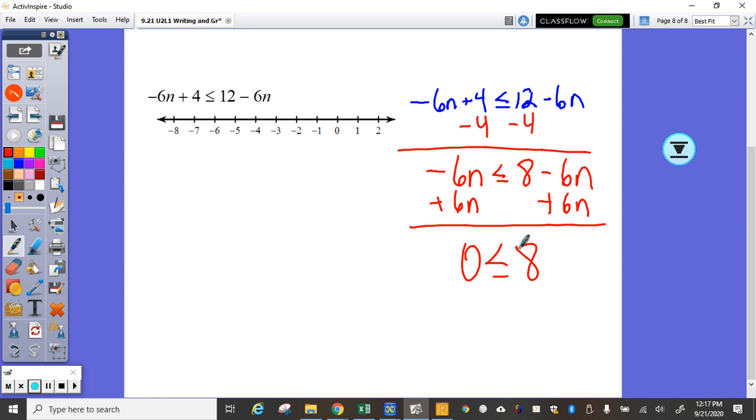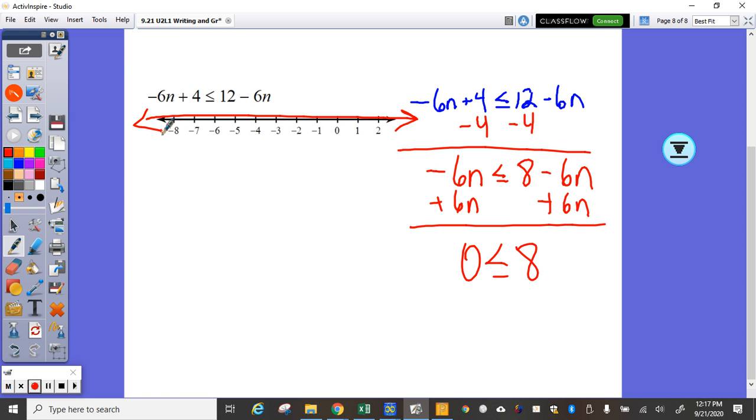And 0 times n is 0. So 0 is less than or equal to 8. Is that true? That means all real numbers. Every number that you can possibly think of for n will always make this inequality true.